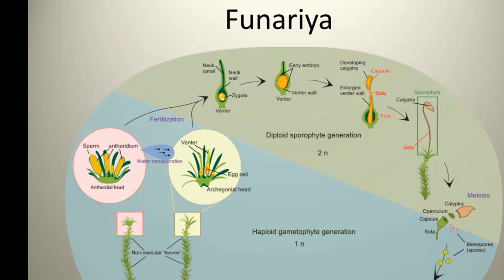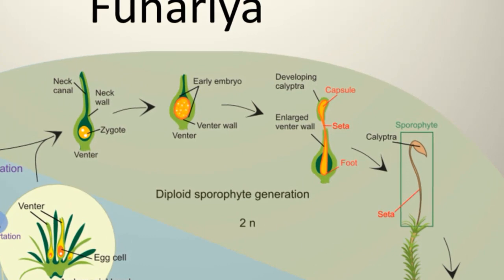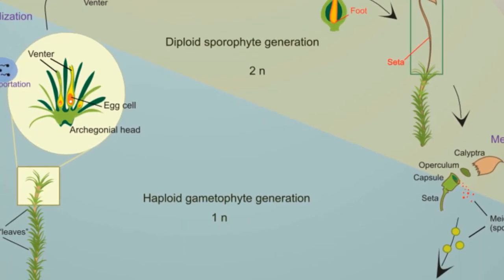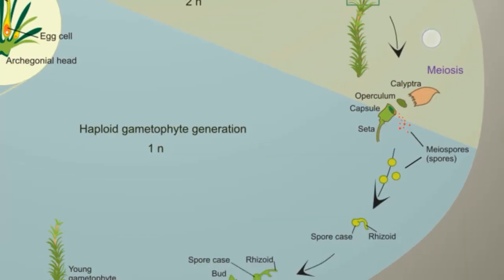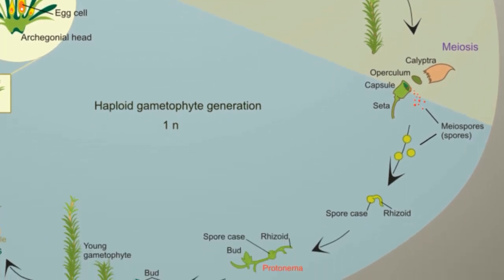That zygote divides, and forms an elongated structure in the female Archegonia, having a foot, seta and capsule. That capsule is still diploid, but inside the capsule the spore is formed, which is called meiospore.